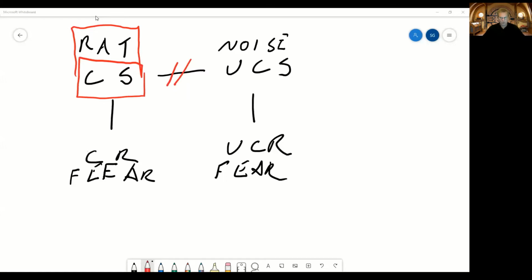So in an exposure therapy paradigm, what we would have to do is figure out a way to expose little Albert to the conditioned stimulus and delink it from the unconditioned stimulus. So what you want to do is present the rat without the noise. And when we do this, we are exposing the individual to the conditioned stimulus.